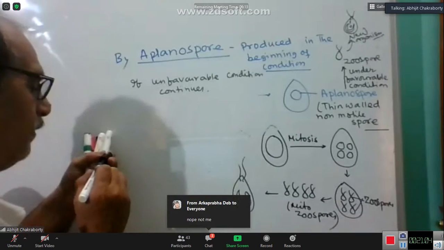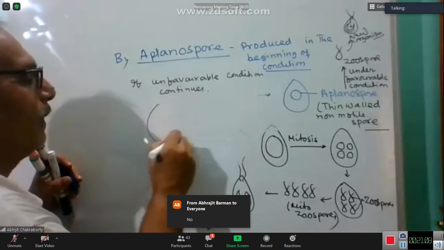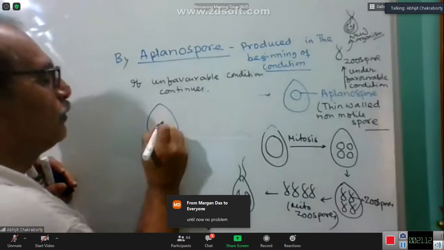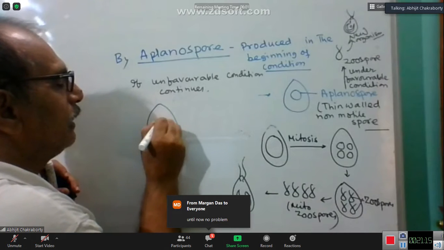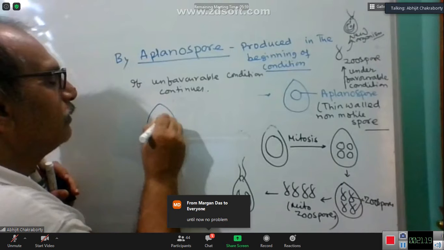You see, the aplanospore becomes thick walled to protect the inner protoplasm.